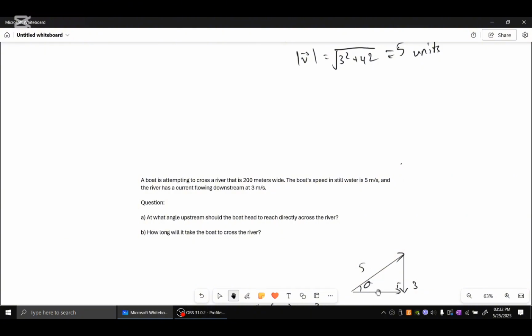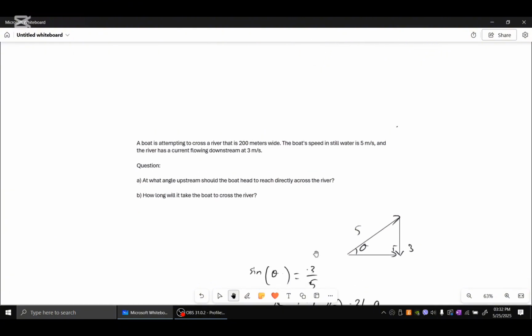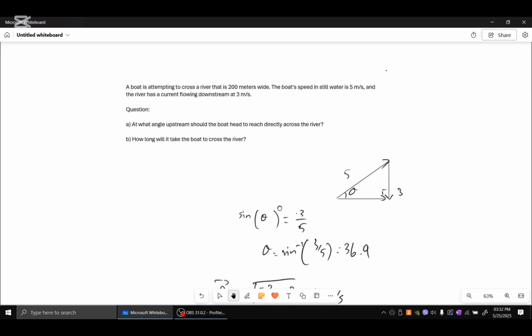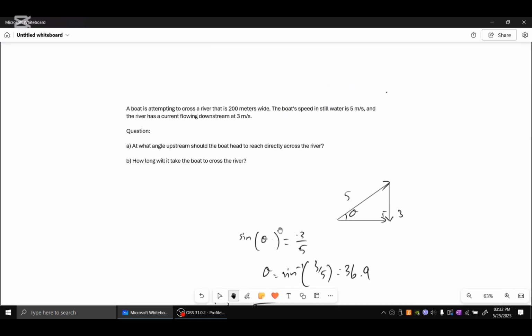The 5 is the boat and where it's headed, but this arrow is where it's going to be landing. So now that you have set up a right angle triangle, it's very easy. You just use sine inverse and you find the angle. In this case, it's 36.9 degrees.